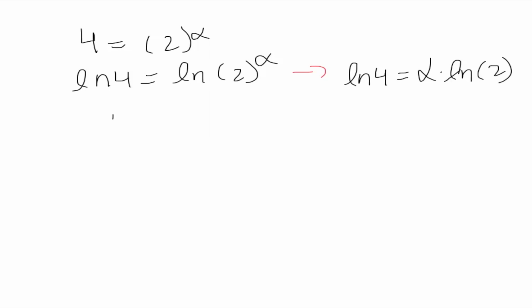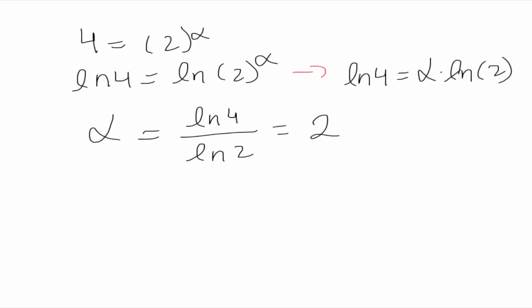We then solve for alpha, divide ln 4 over ln 2, and that will be equal to 2. So now we know that for reactant A, the order is second order.